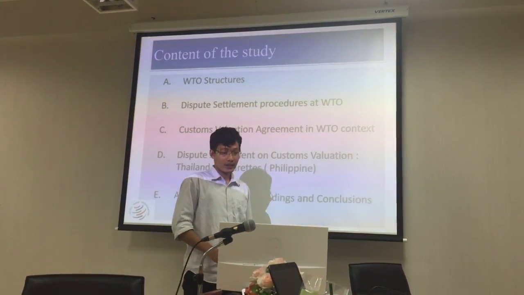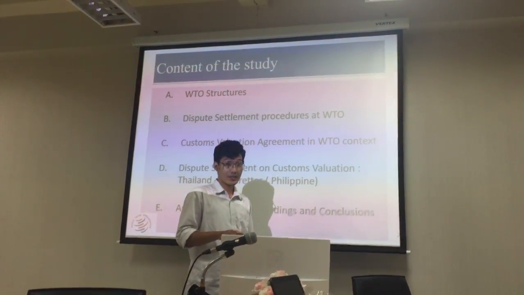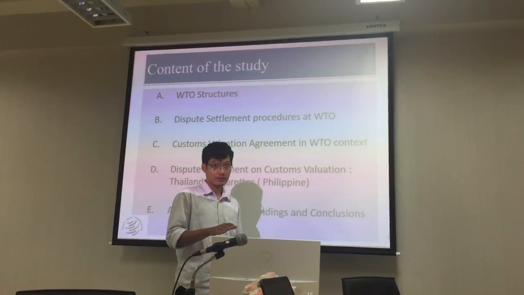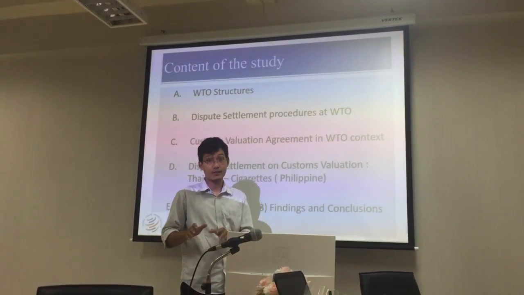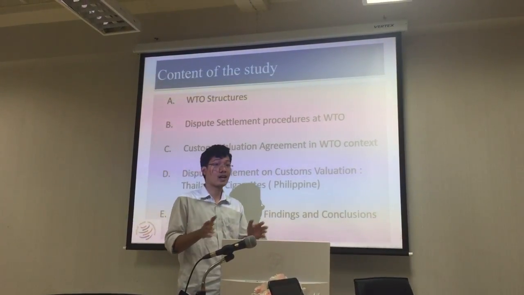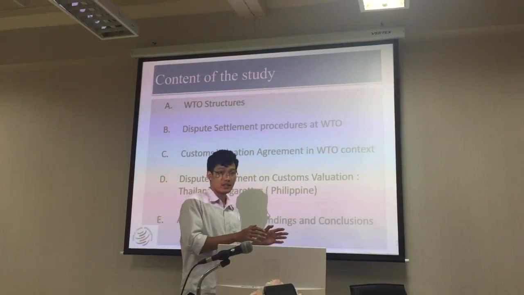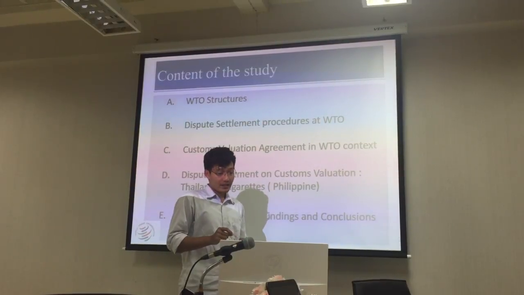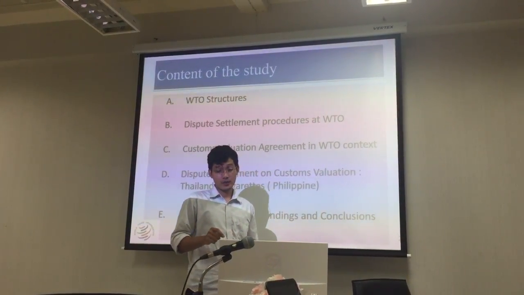What I'm going to tell you, the first one is the WTO structure. Letter B is about the dispute settlement meaning and the dispute settlement procedure at WTO. What is the process and how it deals with the complainants and the respondent. Letter C is the customs valuation agreement in the WTO context.